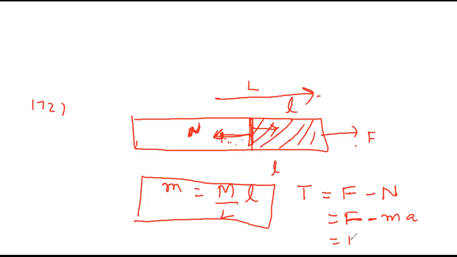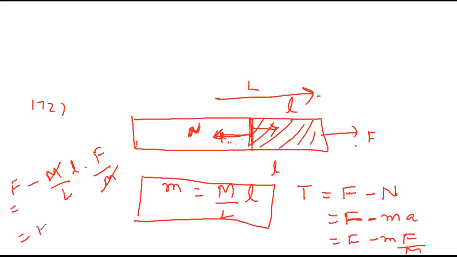So F minus mass into acceleration, which is net force upon net mass. Therefore if I take F common, minus small m, which is M by L l into F by M. This will get cancelled. So if you take F common, 1 minus l by L is the required tension. Followed?